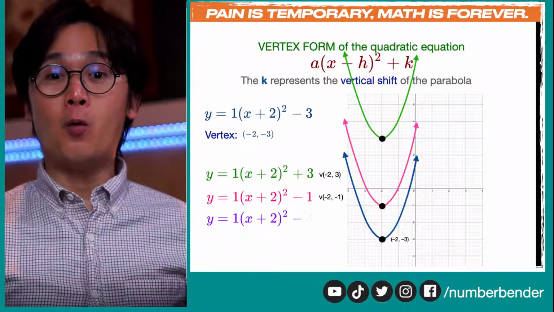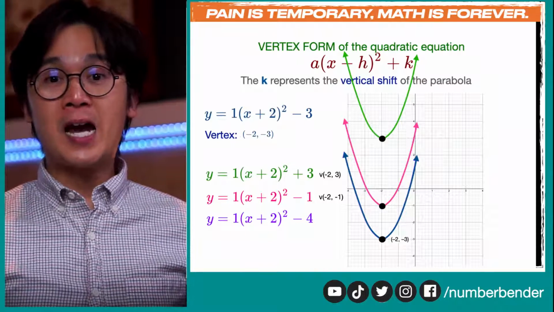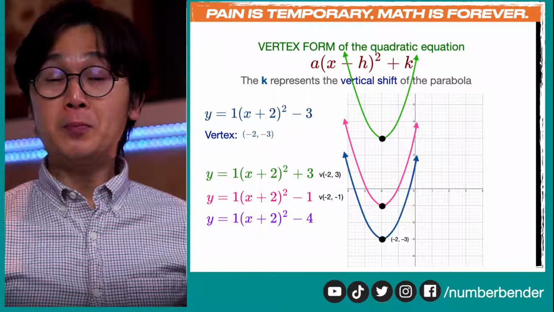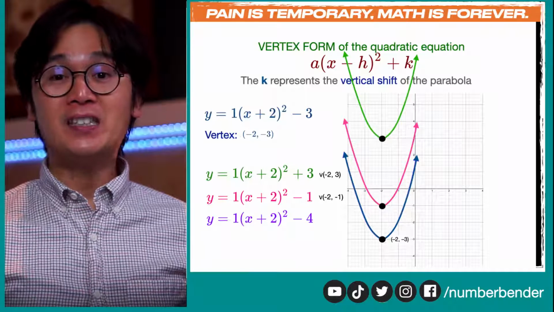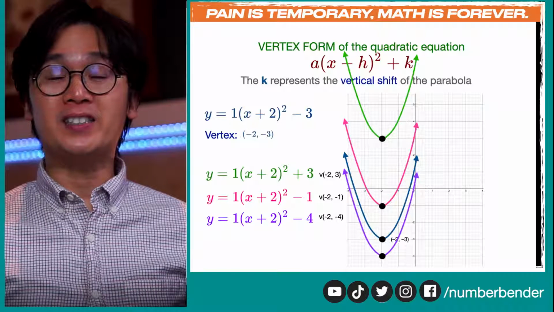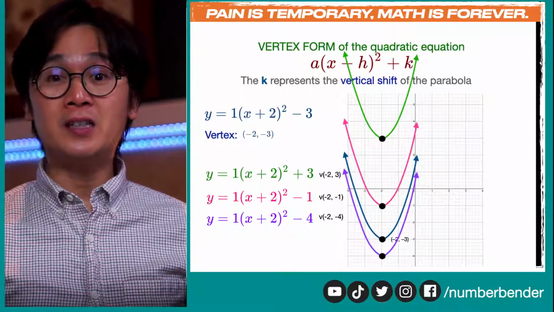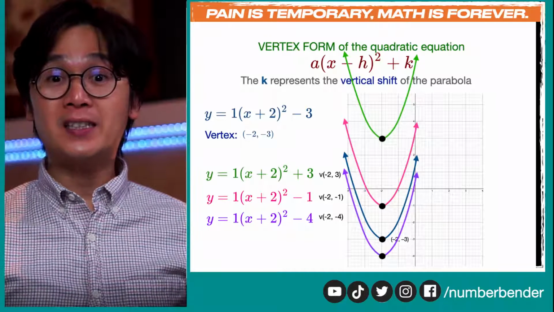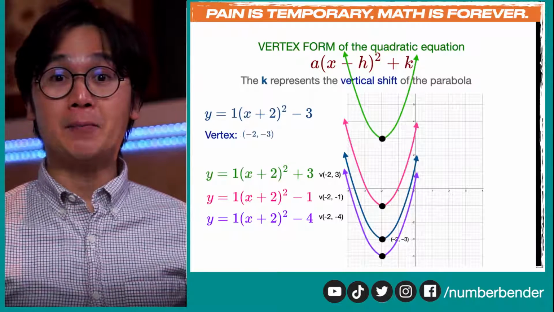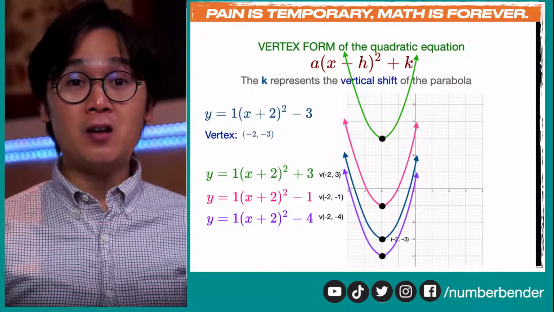So if I have y equals 1, quantity x plus 2 squared minus 4, so this time from negative 3, which is the blue parabola, the purple parabola with k at negative 4 is going to be at the bottom of the blue parabola because k is now at negative 4. So notice that there's no change on the value of x, but just the height of our parabola, which is represented by k. So this is the vertical shift of our quadratic equation in vertex form.